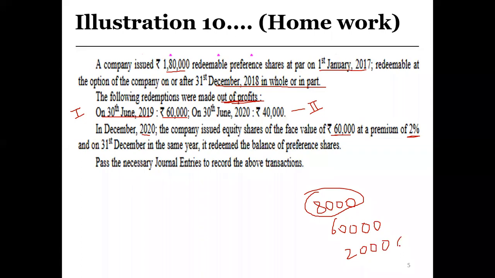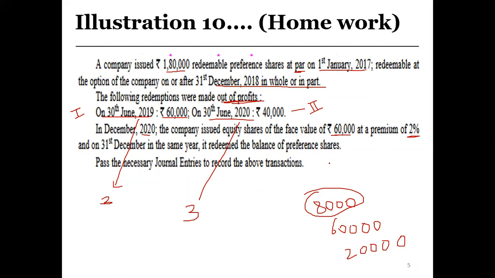For slot number 1 on 30th June 2019, there will be 3 entries. What are the 3 entries? Number 1, transfer of claim at par, because here we are doing at par. Number 2, creation of CRR. And number 3, claim settlement. Similarly, for 30th June second slot, again you will pass 3 entries: transfer of claim, creation of capital redemption reserve, and settlement.